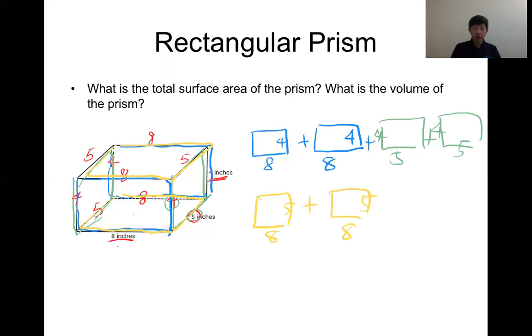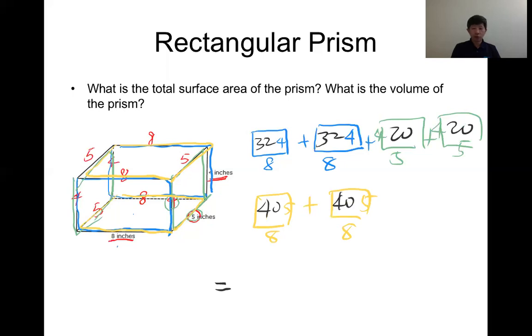Surface area is a combination of the areas of the prism. We take them all together. So now this is 32, 32, 4 times 8 is 32. 4 times 5 is 20 there, 4 times 5 is 20 there, 5 times 8 is 40, and then 40.